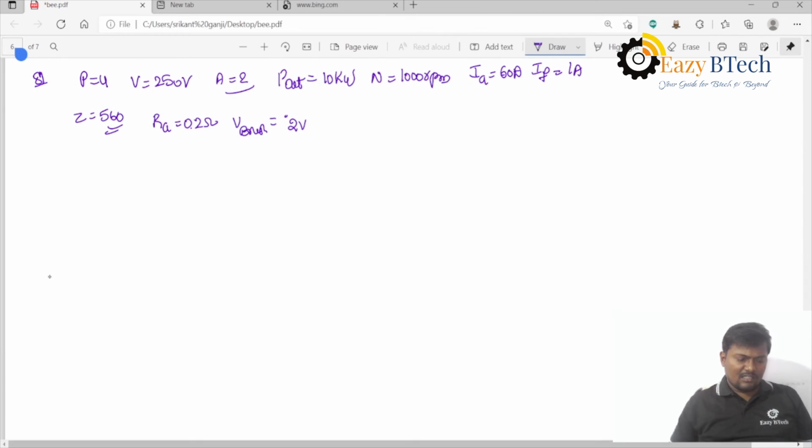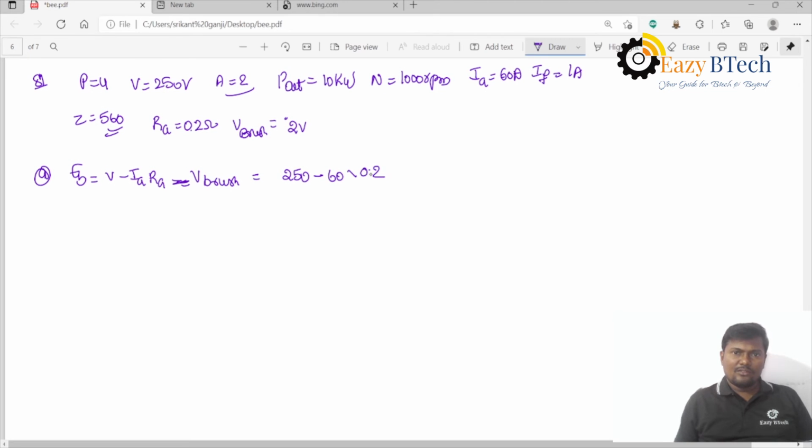First you should calculate the back EMF: V minus IA RA minus the brush drop. V is 250, minus IA is 60 times RA is 0.2, minus the total brush drop of 2 volts. Then I got it as 236 volts.